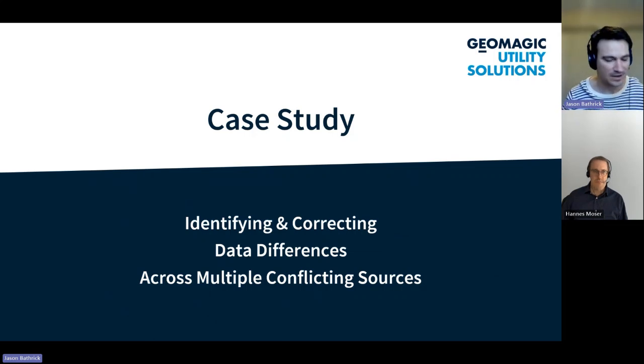For utilities trying to solve these challenges, we're seeing folks outputting spreadsheets and manually comparing them to identify these discrepancies. This takes a lot of time, and the analysis capabilities with this type of method are very limited as well. So in this use case, we want to talk through how we can streamline the process for identifying and correcting missing data between multiple systems using a solution called geospatial analysis.